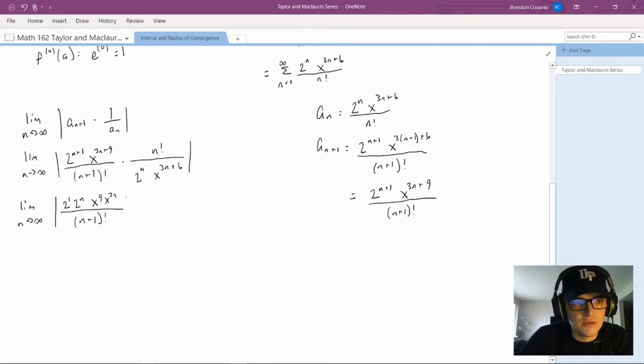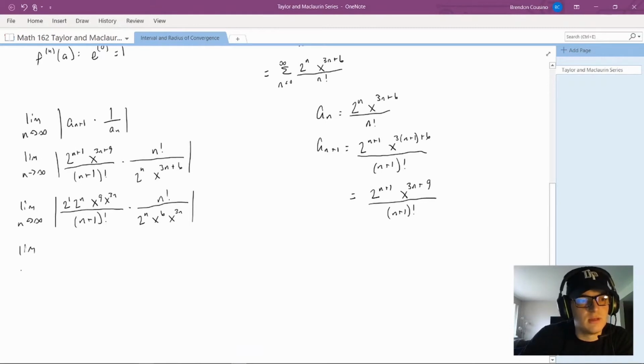And for the numerator, we were able to break those up using our exponent rules. Multiplied by n factorial over 2 to the nth power, x to the 6th power, x to the 3nth power, and then absolute value. Okay, so now let's go ahead and start canceling some terms.